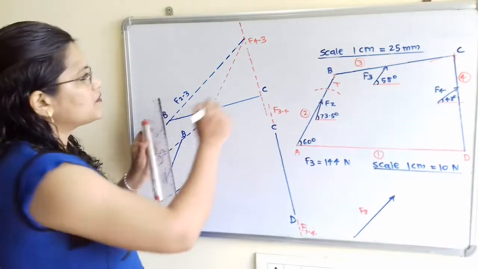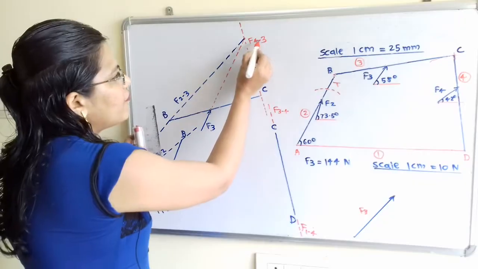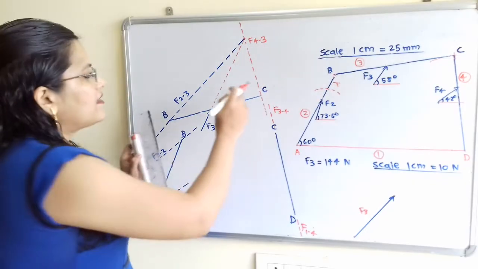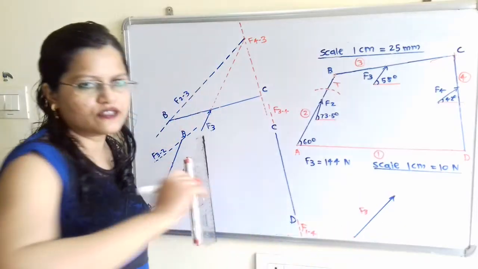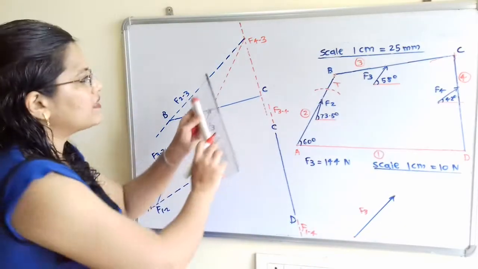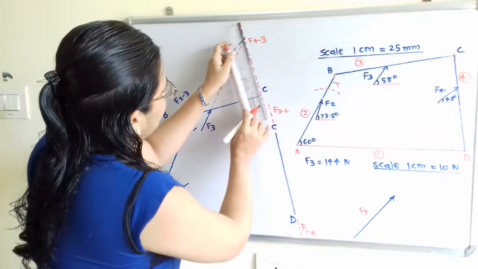Now we will transfer this line of action of force F4 to 3. Now we can transfer this line either at the head or at the tail. So we will select any one. So I will select the head and I will transfer this line.